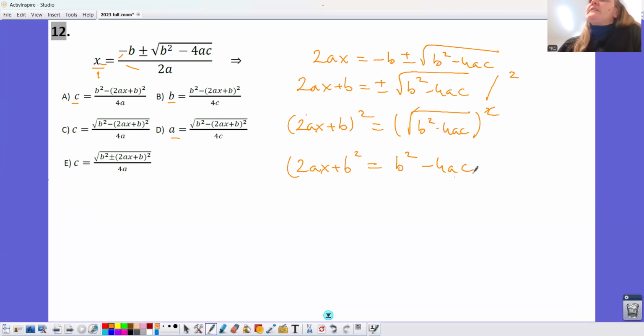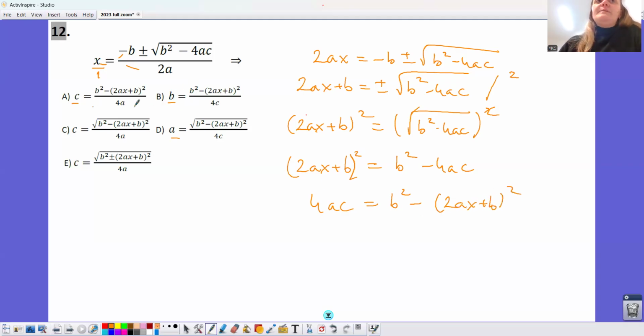So to find a or c in terms of the others, here we have parentheses. This one I will take to this side, which will become 4ac is equal to b squared, and this expression I will take to the other side, which will become minus (2ax plus b) squared.